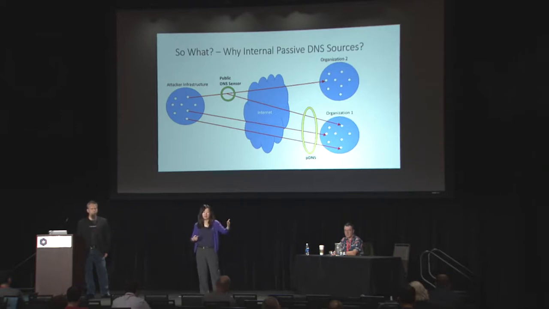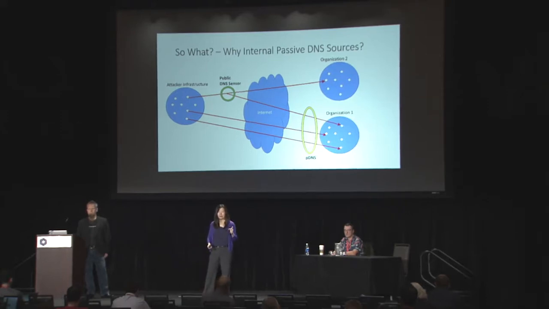However, because the public sensor wasn't in those network segments, we didn't get that picture, right? But if we have PDNS, which is a local passive DNS sensor in our own network, we see all of those different attacks against our endpoints.